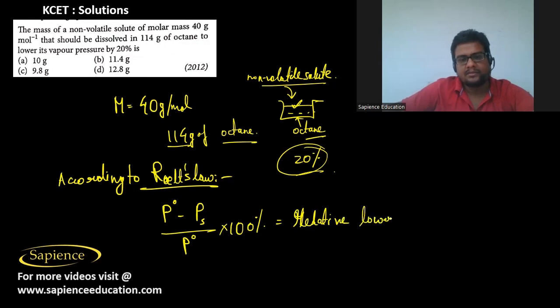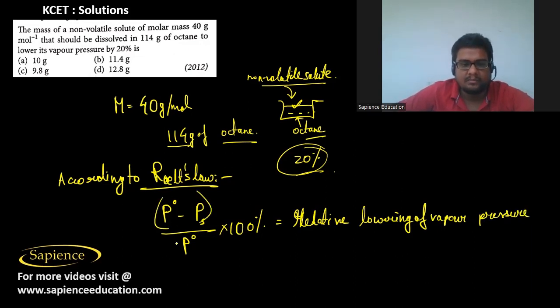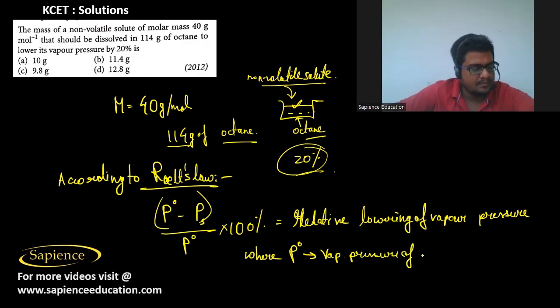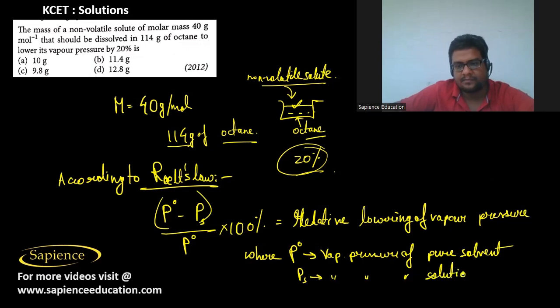So the relative lowering of vapor pressure of the solution is equal to (P naught minus Ps) by P naught into 100%, where P naught is the vapor pressure of the pure solvent and Ps is the vapor pressure of the solution.